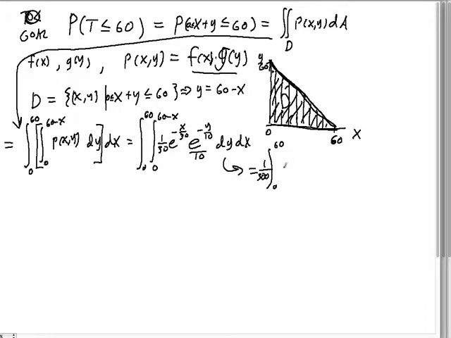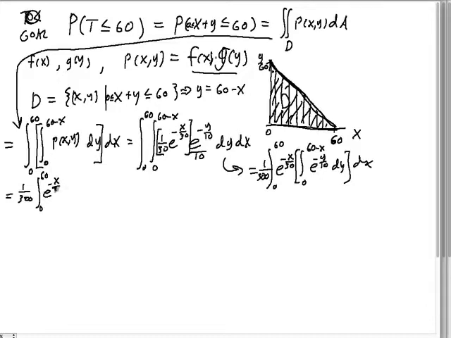And because we're doing the integral in y, this part right here can be moved out, so we can have an e to the negative x over 30, integral 0 to 60 minus x of e to the negative y over 10 dy dx.